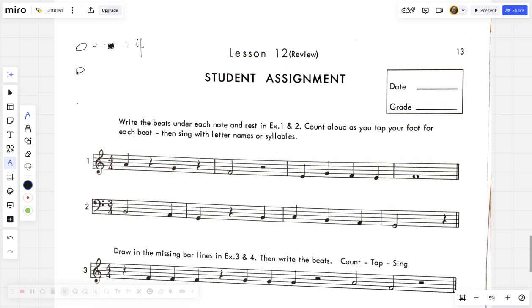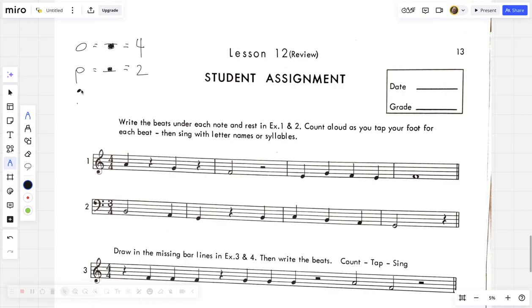Then you switch down to a half note, which also can be a half rest. You can either play for 2 counts by playing the half note, or you can rest for 2 counts by observing the half rest, right? And both of those equal 2 counts each.